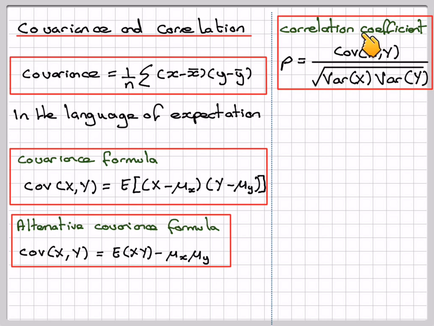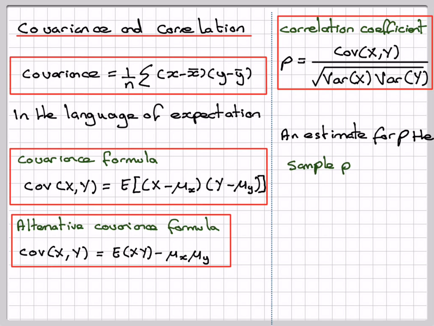Now the correlation coefficient rho is the covariance of xy divided by the square root of the variance of x times the square root of the variance of y. When the data is spread out, this becomes a very low value, very close to 0, as I've just shown you.